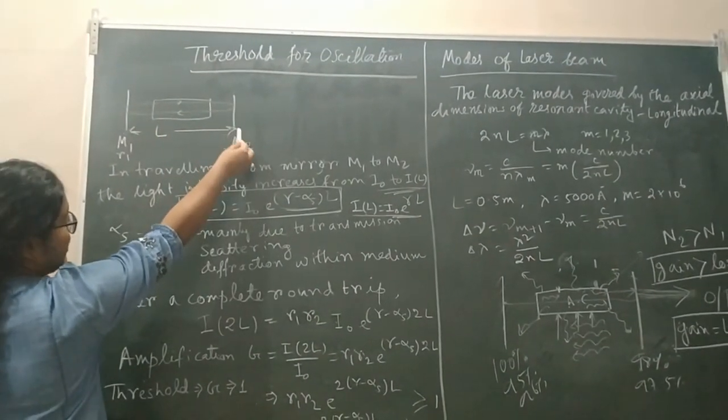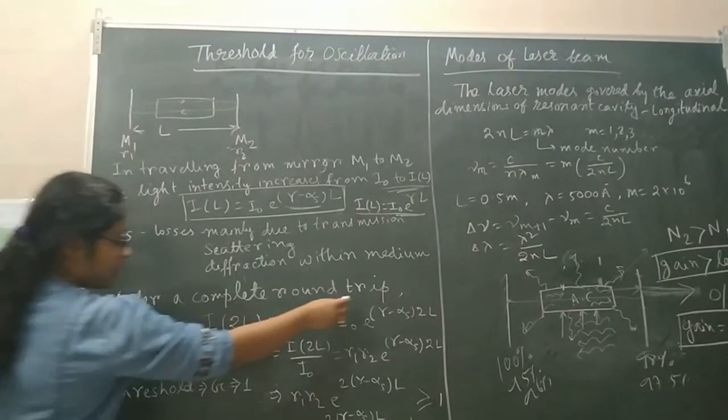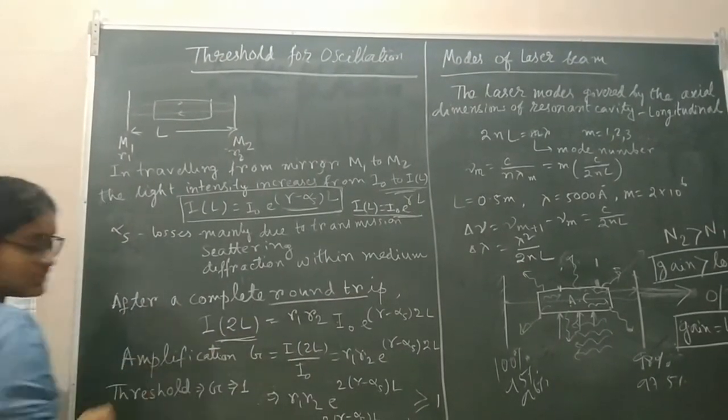Earlier this was calculated only for a single path, that is M1 to M2 or M2 to M1. Whenever we complete a round trip, we consider the distance as 2L.